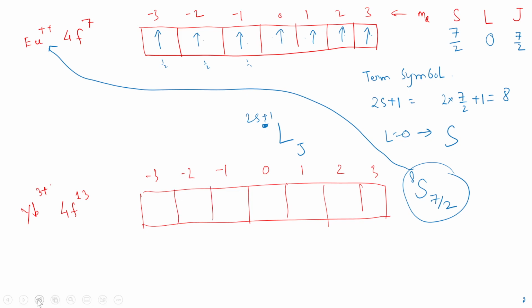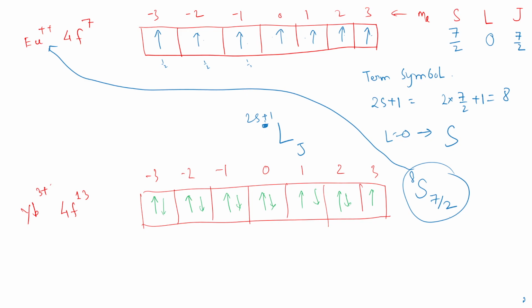Now we will try to fill the electrons. So first we have to fill the electrons like this, 1, 2, 3, 4, 5, 6, 7. Then we have 7 and we have 6 more left. 7, 8, 9, 10, 11, 12, 13.